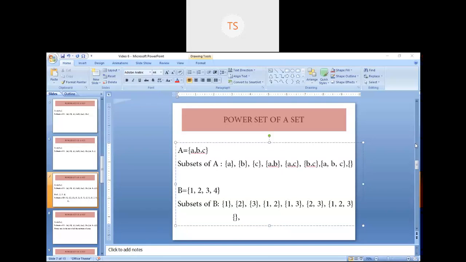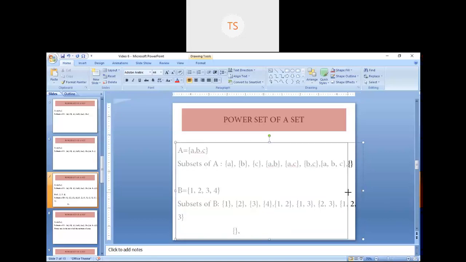So first of all, the subsets containing one element. What are the subsets of capital B containing one element? Yes, tell me. 1, 2, 3 and this time you have one more subset, it is 4. Next subsets with 2 elements.